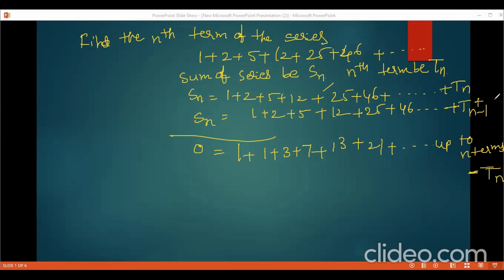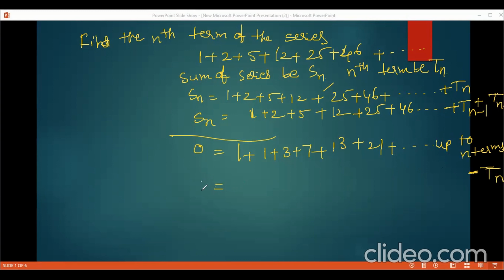I forgot to write plus Tn also. Up to Tn, no? So the same thing we are repeating, we are keeping this arrangement only. Okay, minus Tn. Now what do we get? So 0 is equal to up to n terms minus Tn.